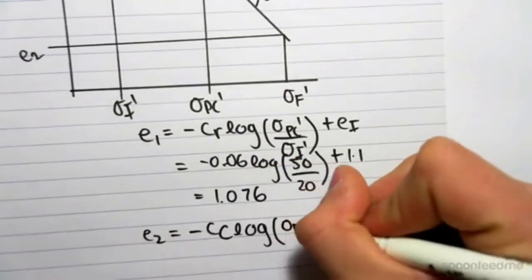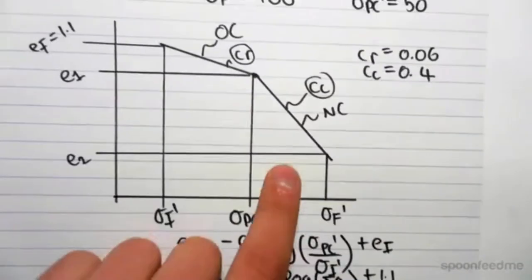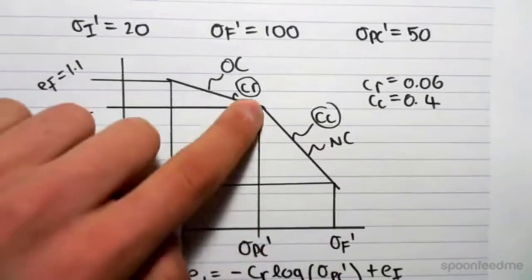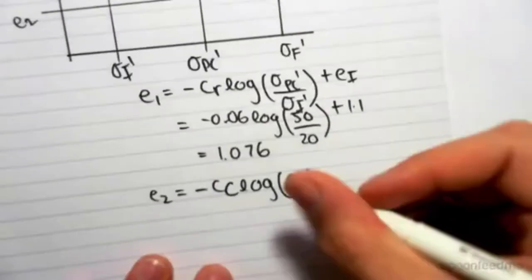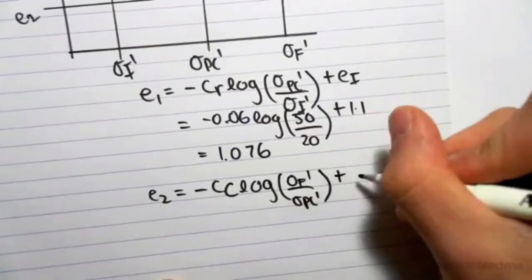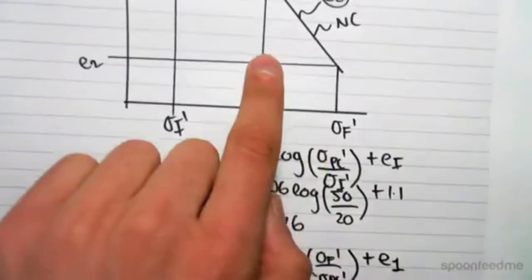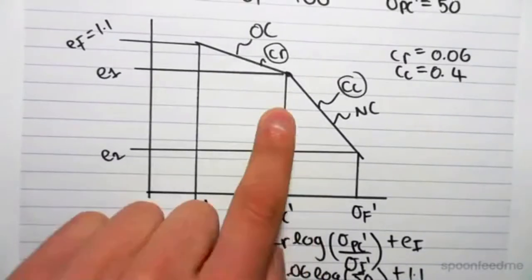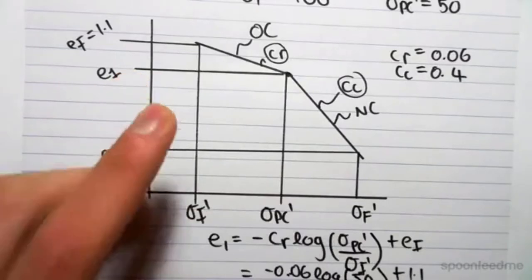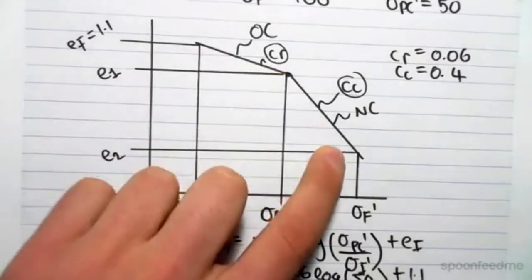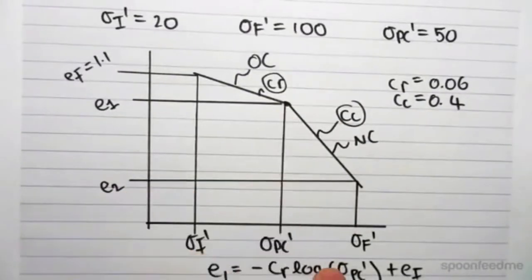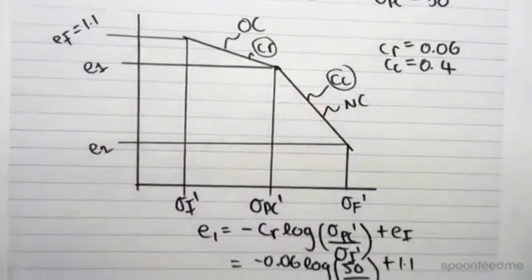The initial stress for the normally consolidated line is actually now sigma PC dash, so it's on the pre-consolidated stress, plus E1, the initial voids ratio for the normally consolidated line. All I'm doing is splitting up this line into this line. I hope it's not getting confusing that sigma PC dash is now the final one for the over consolidated and the initial one for the normally consolidated.